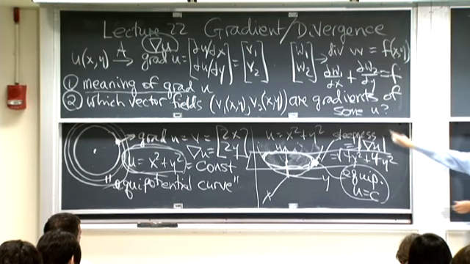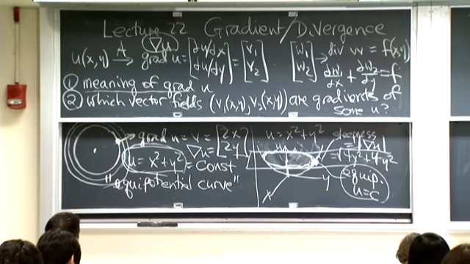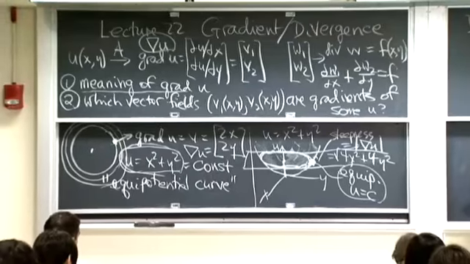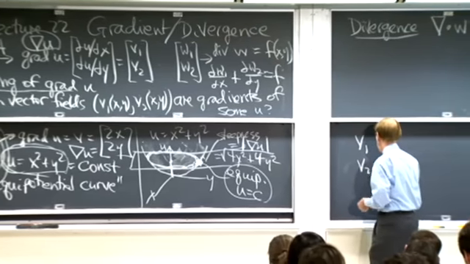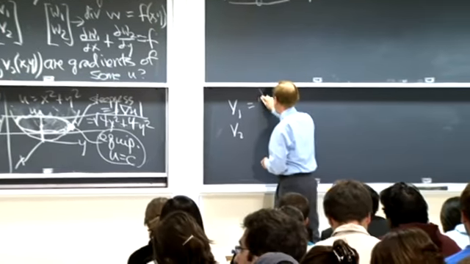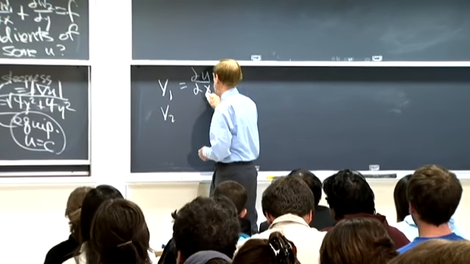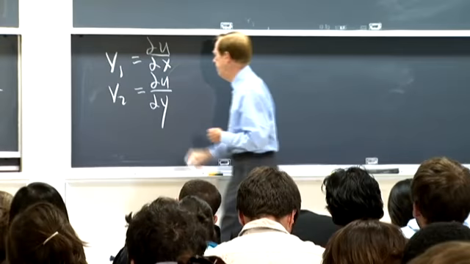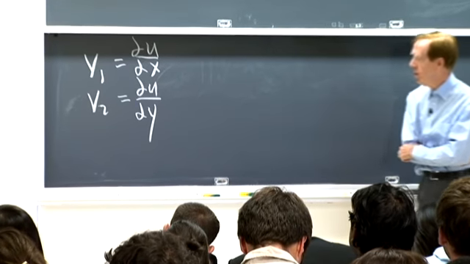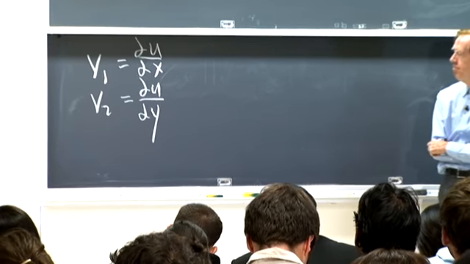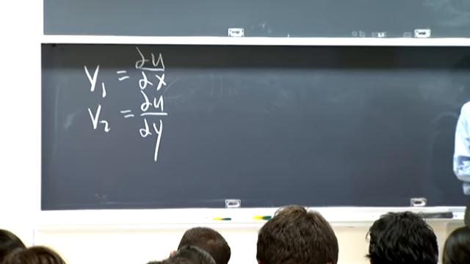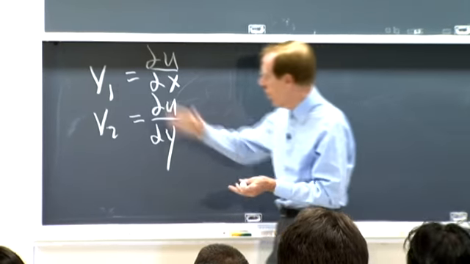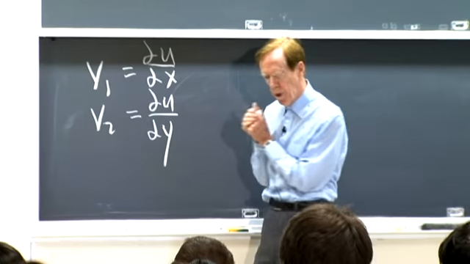Okay, so I'm asking now question 2. I'm given v1 and v2, and I want this to be du dx for some u, and I want this to be du dy. So I've got two equations if I'm looking for u. Remember, I'm now starting with these, looking for the u.